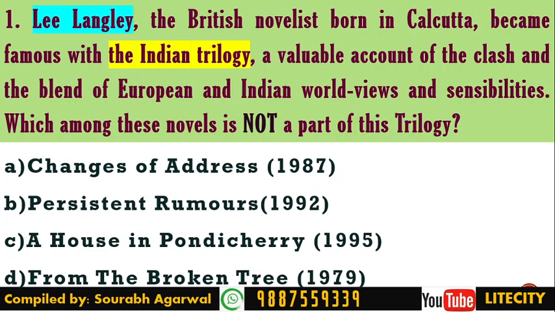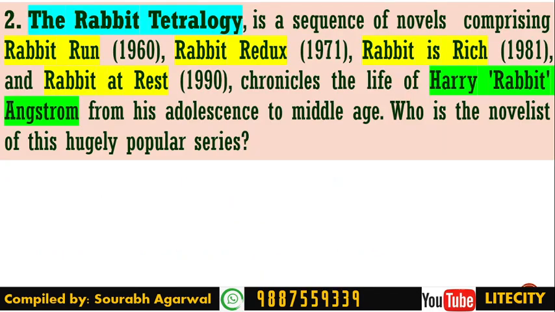Out of these four, the one novel which is not in this trilogy, dear friends, the right answer here is From the Broken Tree. Apart from this novel, these three novels are part of the Indian trilogy of very well received works by Europeans.